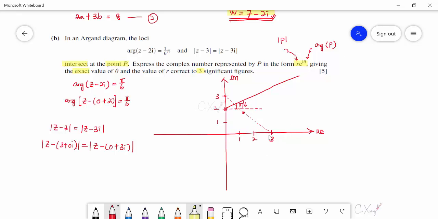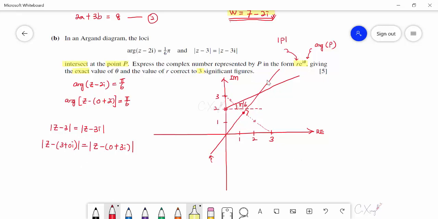I assume that this is the midpoint. Perpendicular bisector means that it will be divided at 90 degrees, so going up also, where this is 90 degrees. And then this is the second locus, the perpendicular bisector between (0, 3) and (3, 0).